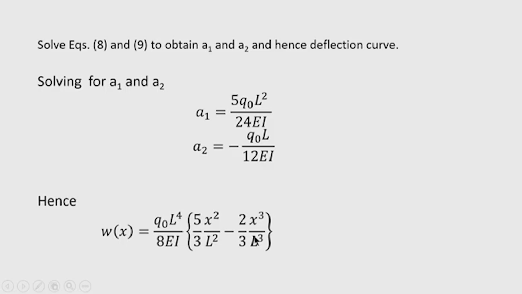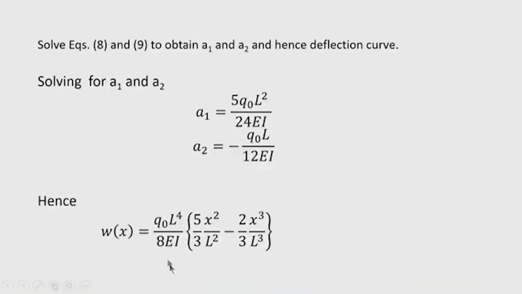Now, we have taken the origin at the fixed end of the beam, and x equal to L is the free end. For the cantilever problem, we know the deflection at the fixed end is of course 0, and the slope is also 0. If we want to calculate the deflection at the free end, we put x equal to L, and then we can see that the exact value is obtained.